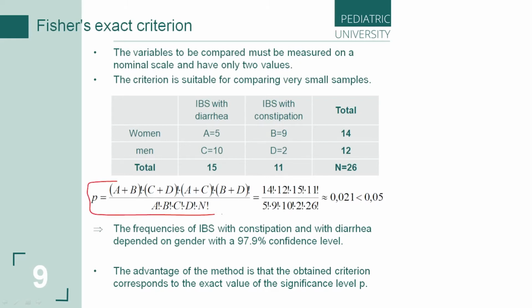We use factorials everywhere. You should know from secondary school what a factorial is. For example, what is 5 factorial? We should multiply 1 by 2, by 3, by 4, and by 5.